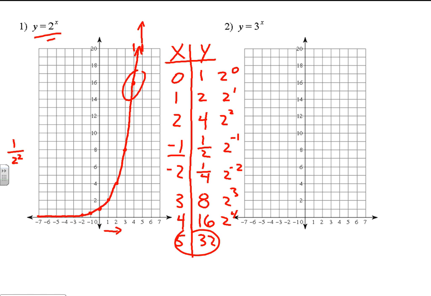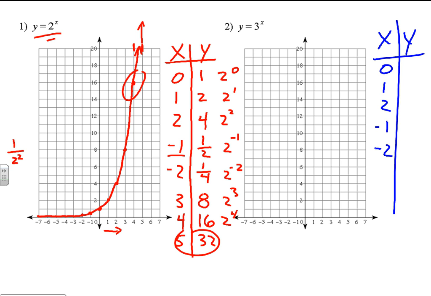Okay, so very similarly, y equals 3 to the x. I'm going to choose an x-y chart, and I pretty much always start with 0, 1, 2, -1, -2, and see where that gets me. When x is 0, I get 3 to the 0th, 1. So 0, 1.